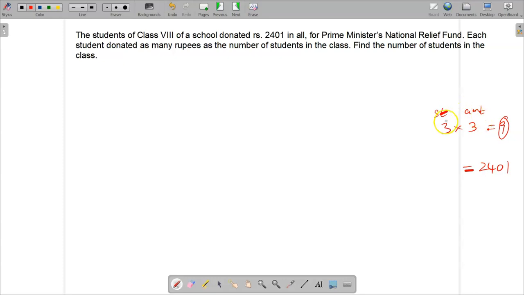The total amount contributed by each student and the total number of students is equal, right? So I can take X into X because I don't know what X is. In this way I am going to proceed with this problem.